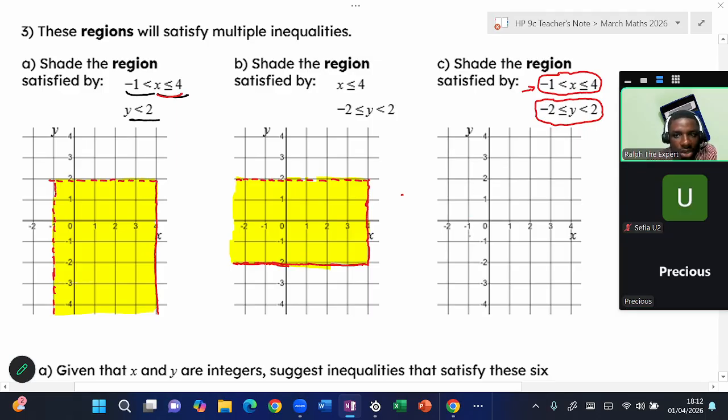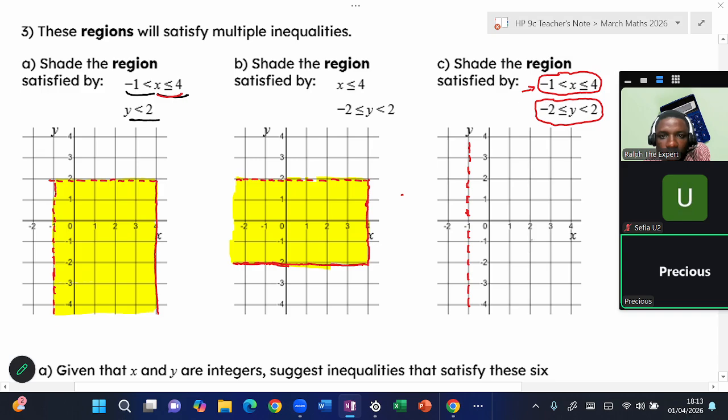That is -1 on the x-axis. The variable tells us that -1 is less than x, so we first mark -1 on the x-axis with a broken line, because that sign doesn't have an equal to, it's just less than. Absolutely correct.